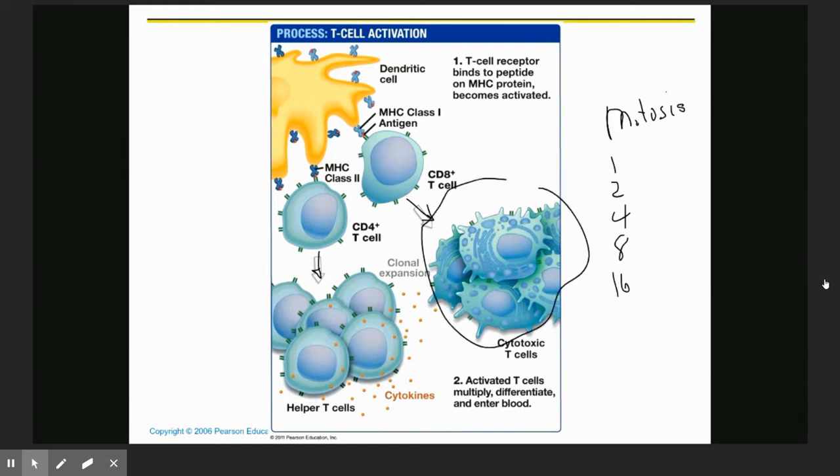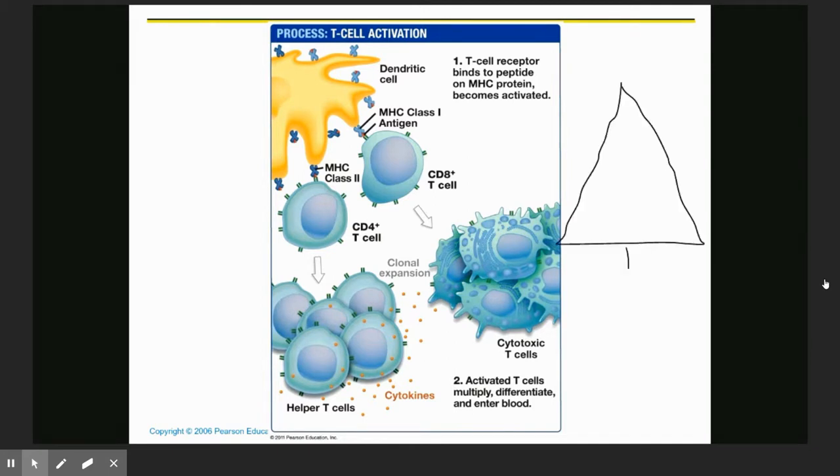We're going to make a bunch of clones. And so very quickly, we're going to go from an army of just 1, maybe 2, to an army of a huge number. So we're going to have a whole bunch of T helper cells, and we're going to have a whole bunch of T cytotoxic cells.